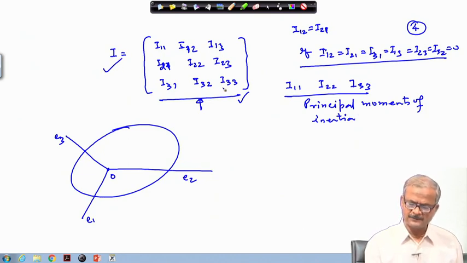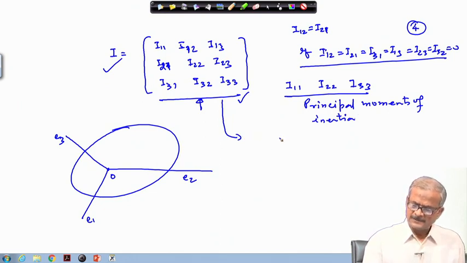Once we have got this I matrix, it can also be diagonalized, meaning that if I operate on this inertia matrix by M, where M is an orthogonal matrix, it gets diagonalized and becomes a diagonal matrix.